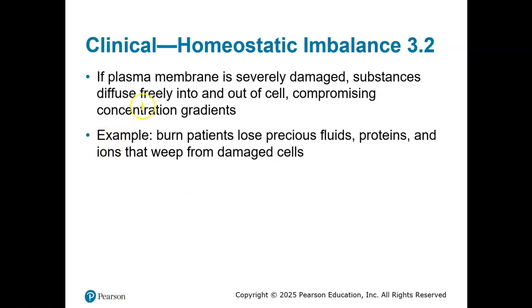So when the concentration gradients aren't at the levels that they're supposed to be, then it can cause all kinds of different things to go wrong. So it says burn patients lose precious fluids, proteins, and ions that weep or leak out from damaged cells.